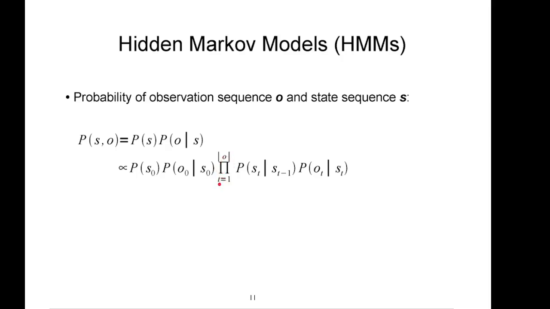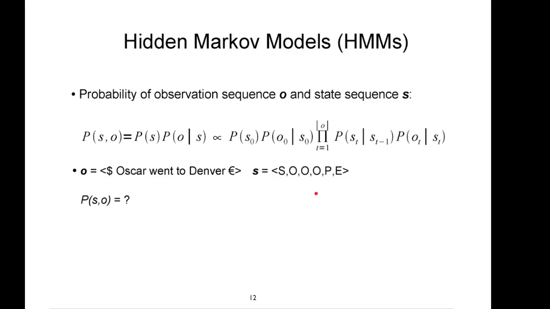The product over t, for time from observation 1 to the last observation, the length of the sequence of observations O, of the probability that we were in state S(t-1) and are now in state S(t), and in state S(t) we made the observation O(t).